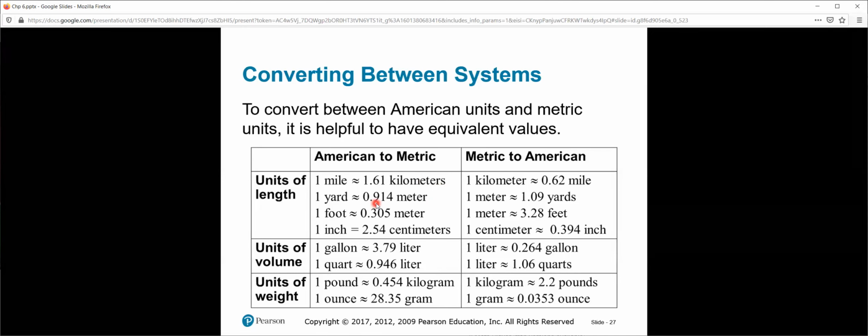At the end of the day, all of these conversions, what do they look like? Well, these look really similar to what we had at the beginning of the chapter, where something equals something else, right?